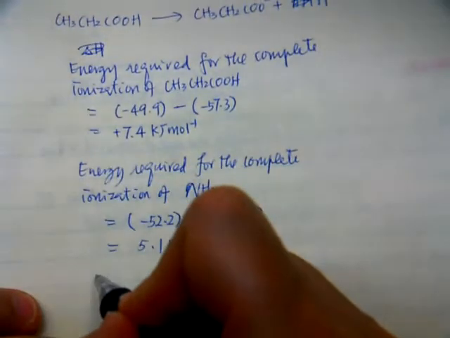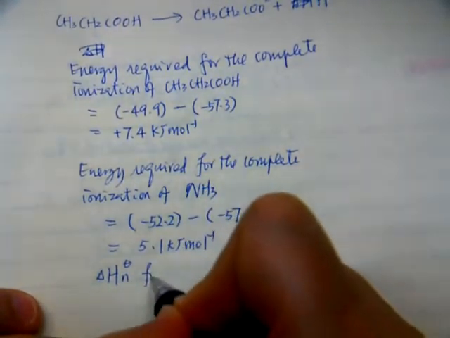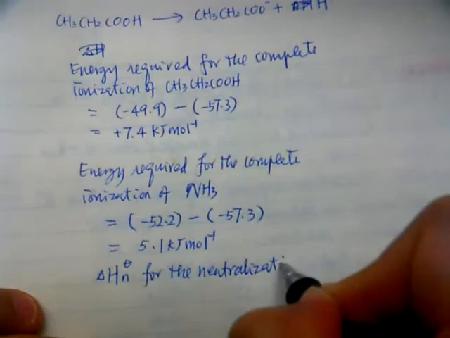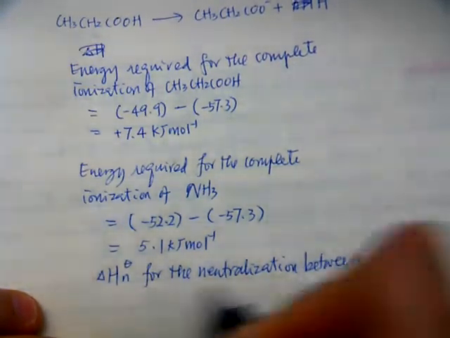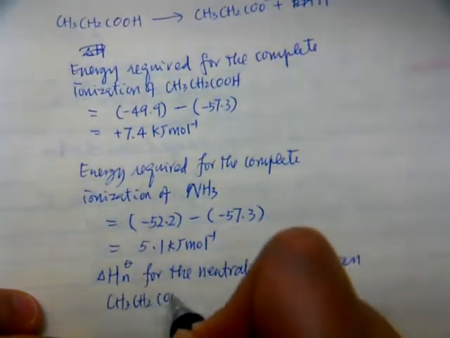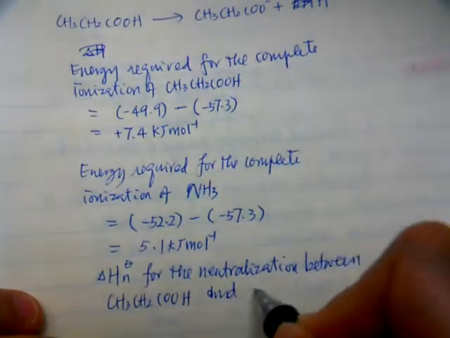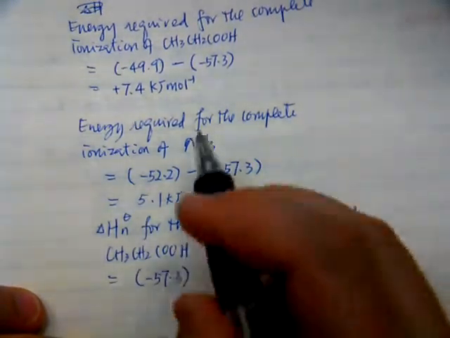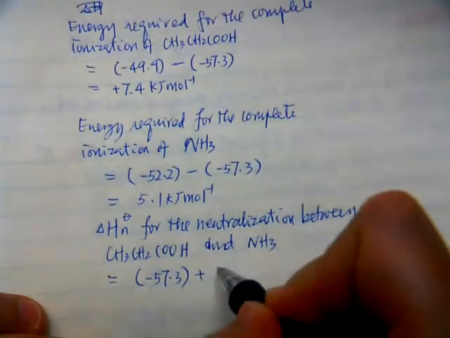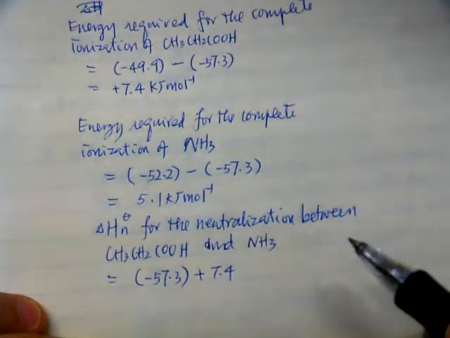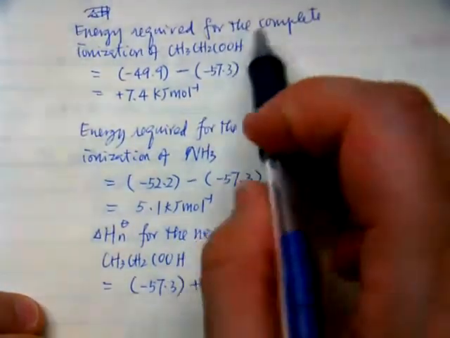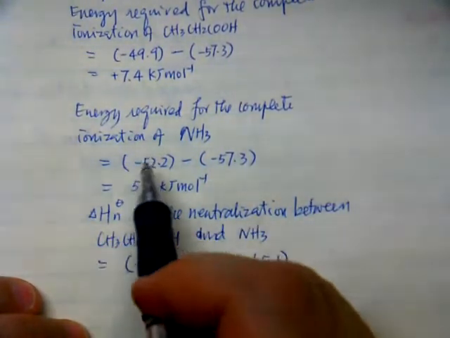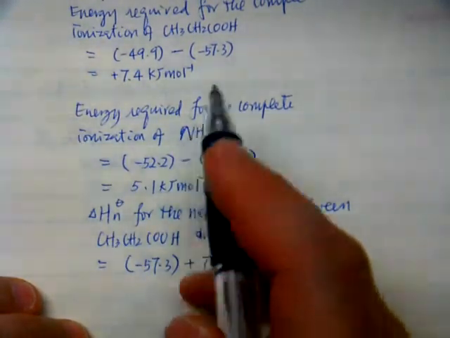In other words, the standard enthalpy change for the neutralization between this weak acid and this weak base, the weakest base, should be equal to the situation without ionization, and part of the energy, 7.4 kilojoule, is used for the complete ionization of the weak acid, and 5.1 kilojoule of energy is required for complete ionization of ammonia.